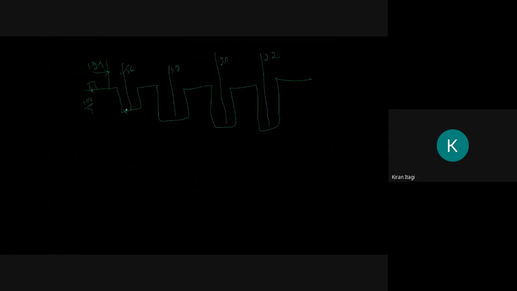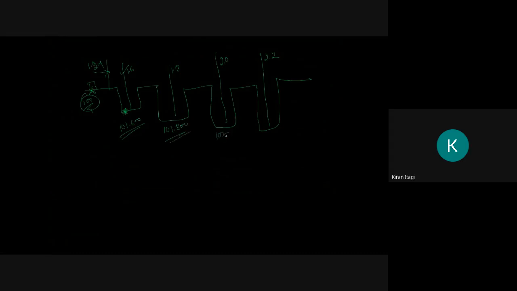Now, can anyone tell what is the RL at this point? RL at the benchmark, it was how much? 100. Now, can anyone tell what is the RL at this point? It is 101.600. Here it is 101.8.